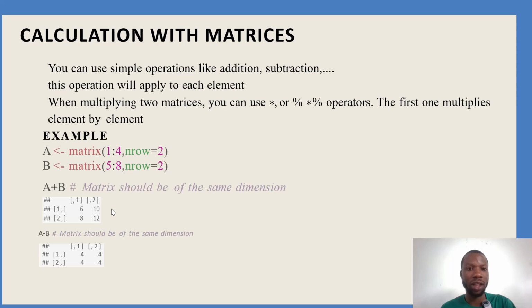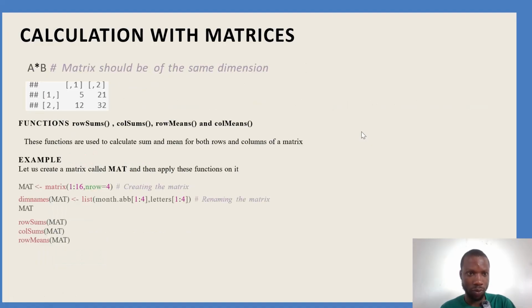When we are multiplying the two matrices, of course, we will use the star, or you can use the percentage star percentage operator. So that is going to be the same. So A times B, the matrices should be of the same dimension, like the number of rows and the columns at the same time. So you have to make sure that they are the same.